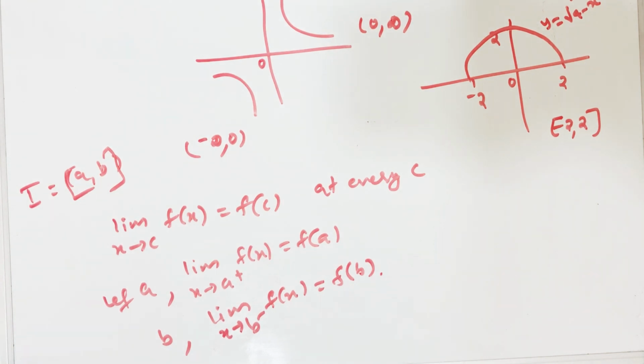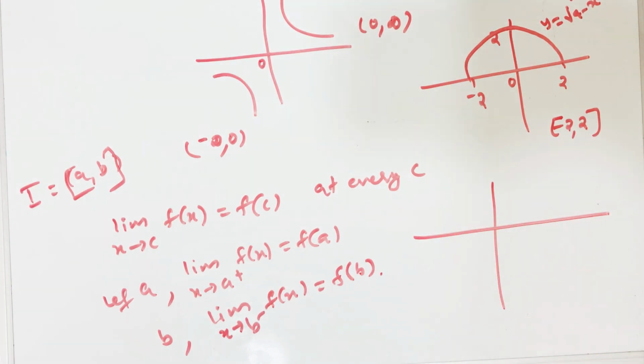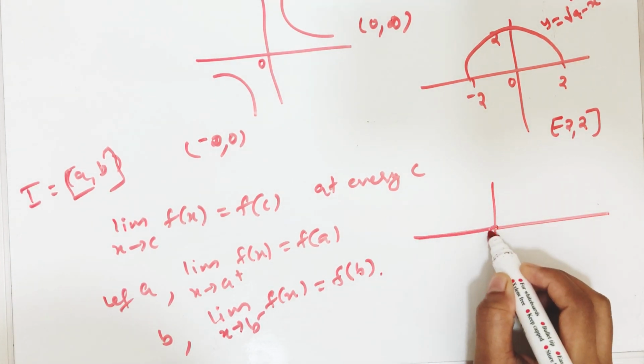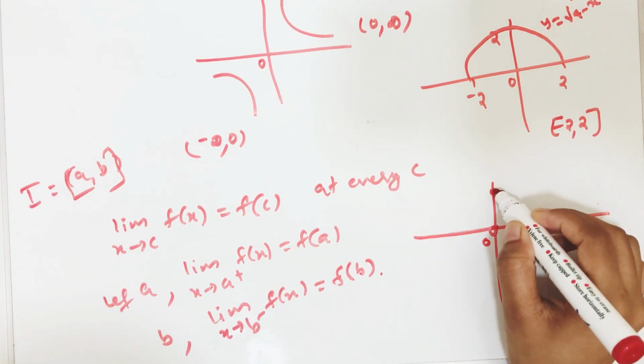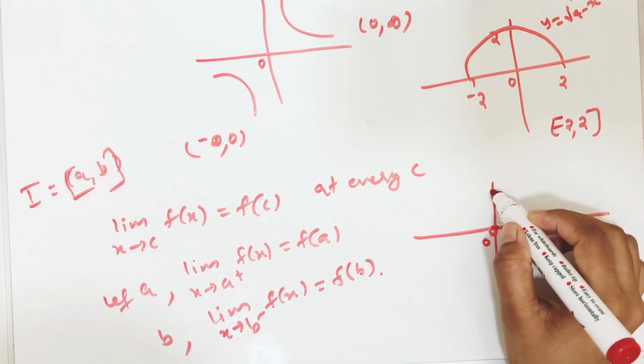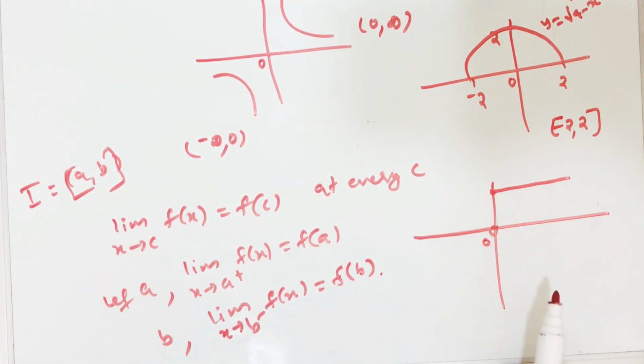Next example, we see the graph of the unit step function. Open at 0, and 1 to infinity. See, this function is discontinuous if we consider the whole domain, that is minus infinity to infinity.